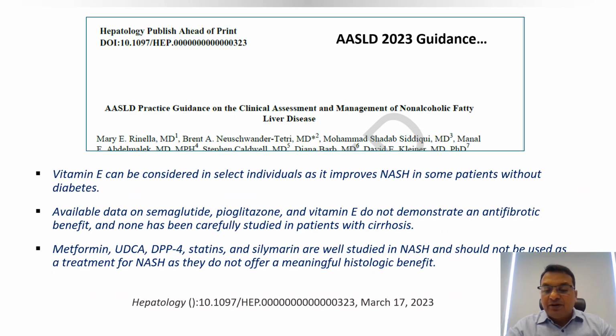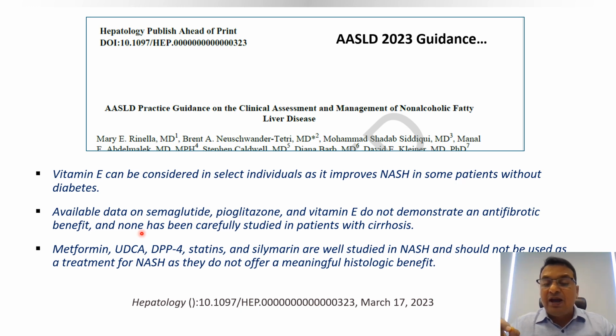Now, if I refer to the very recently published American Association for the Study of Liver Diseases 2023 guidance published in Hepatology, what it says is, vitamin E can be considered in the treatment of non-diabetic NASH patients. It also says there are data available on GLP-1 agonists like semaglutide or glitazone, pioglitazone, vitamin E, but they do not demonstrate antifibrotic benefits on histopathological examination.